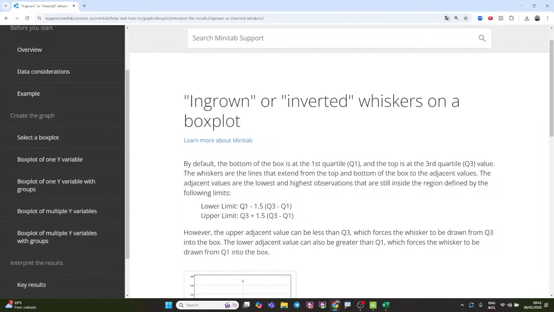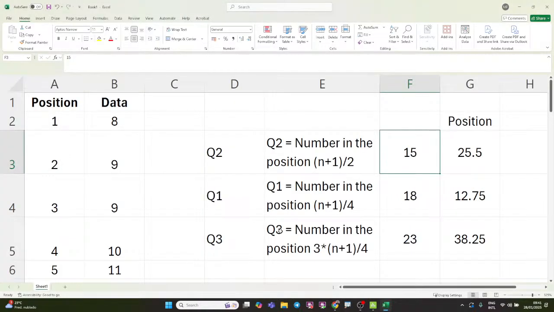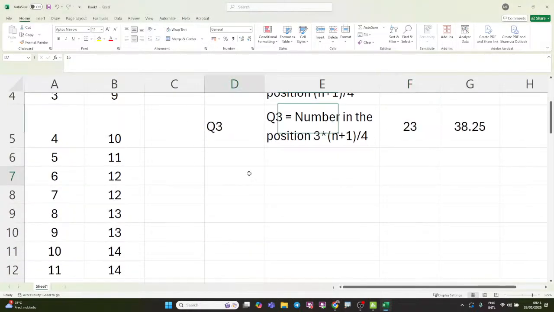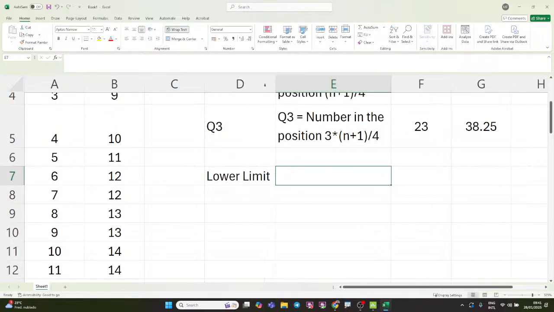So if you take Q1 as we have here, the lower limit is Q1 minus 1.5 times interquartile range. Let's see what we have.